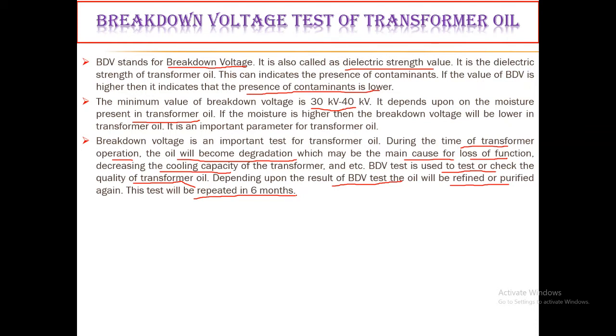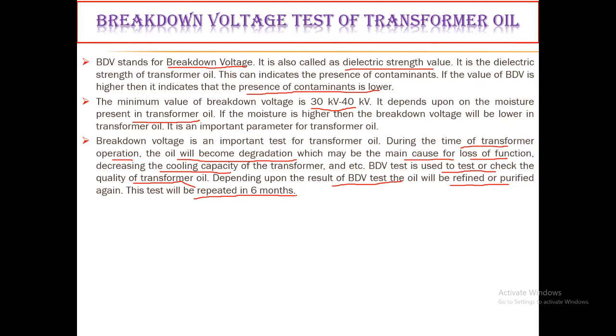Whereas in case of the online purification system, it does not require disconnection of the transformer from the service line, and the oil is circulated through the purification system. Afterwards it will be tested for the BDV test, and then redirected to the reservoir, which is the tank of the transformer.